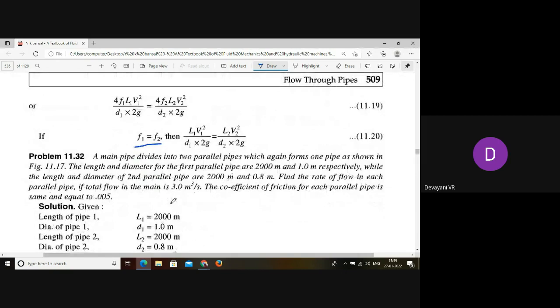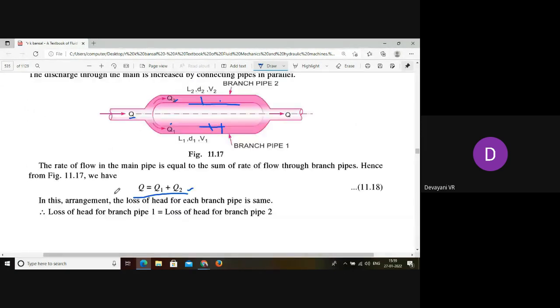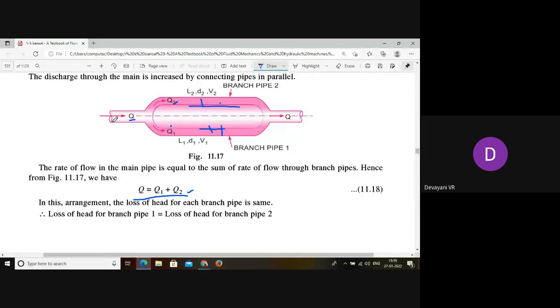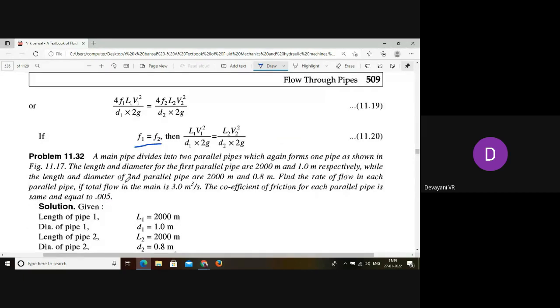So let's discuss a problem. A main pipe divides into two parallel pipes, which again form one pipe as shown in this figure. So ilani ee pipe two pipes ga divide ayyi malli oka pipe ga connect ayindi. The length and diameter of the first parallel pipe are 2000 meters and 1 meter respectively.